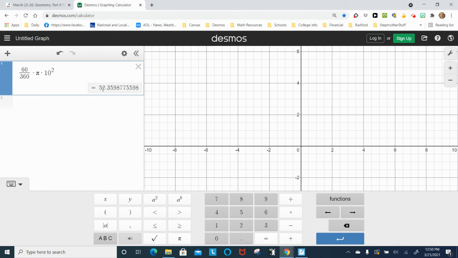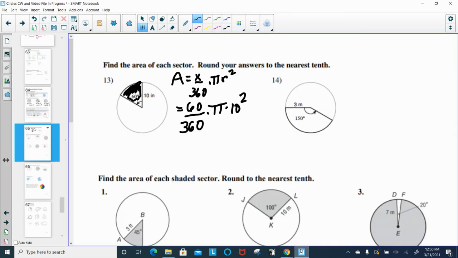And notice we are not getting anything close to 314. That's because the 60 is only about 16% of the circle. So it's a very small piece of the circle. That's why it's only 52.4. So the area of that pizza slice is 52.4. Because we squared the radius, it's inches squared.